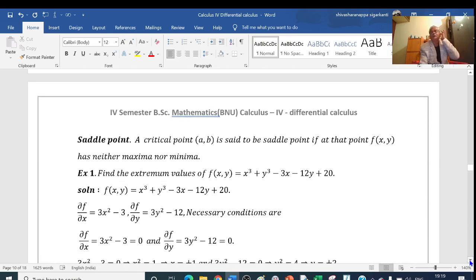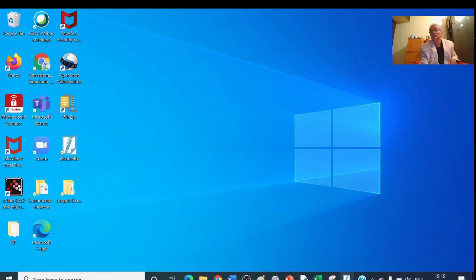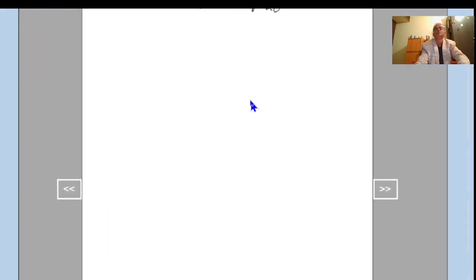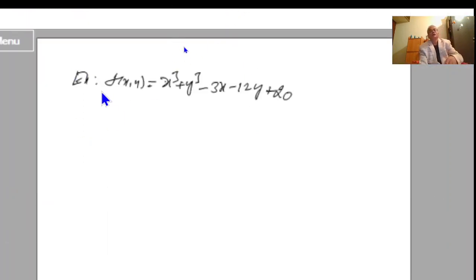This is the example. F of x comma y equal to x cube plus y cube minus 3x minus 12y plus 20. Okay.